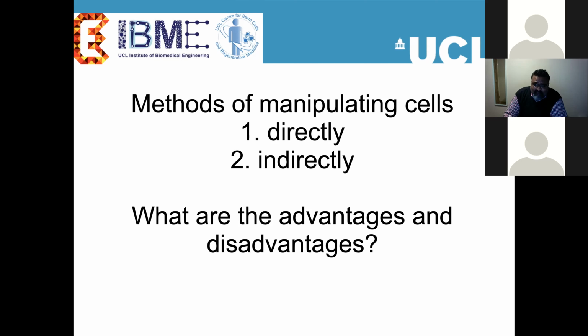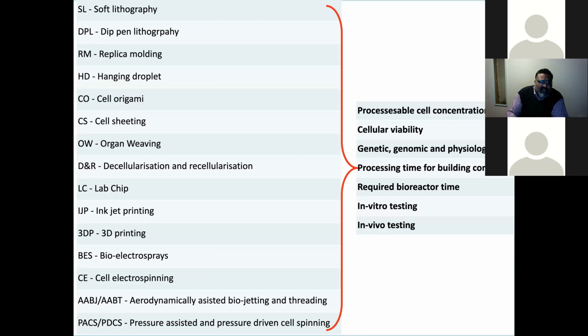The direct methods are more of an additive manufacturing, 3D printing approach. There are lots of approaches currently that are competing. Like I told you, soft lithography and dip pen lithography are approaches that use either light or, if you like, potato stamping. As children, I'm sure you have cut a potato in half, made it a stencil, and then dipped it in ink and used it to print on paper.